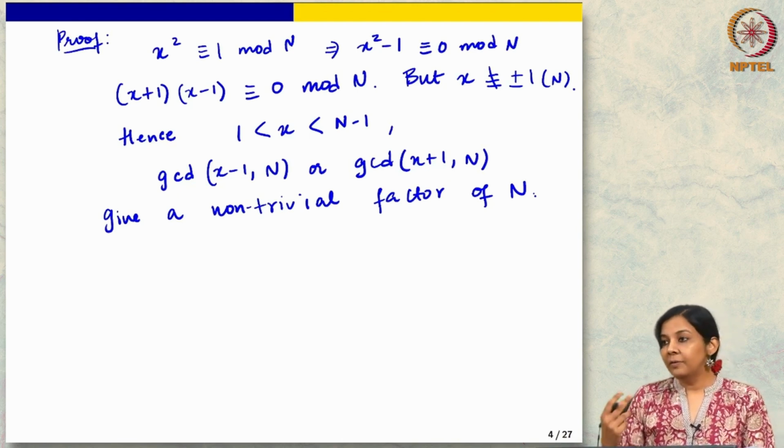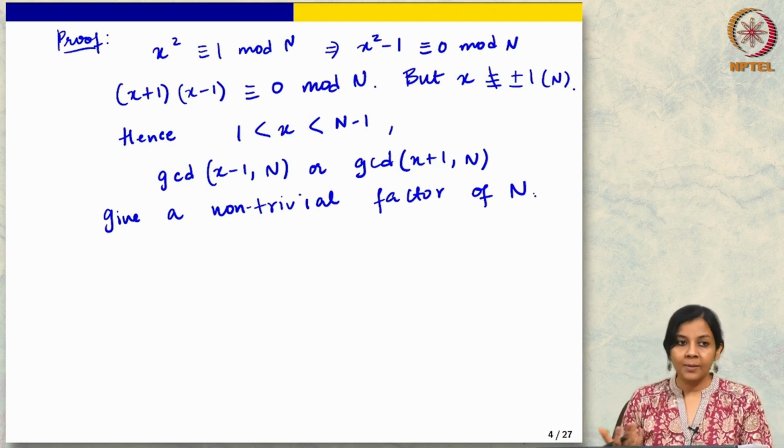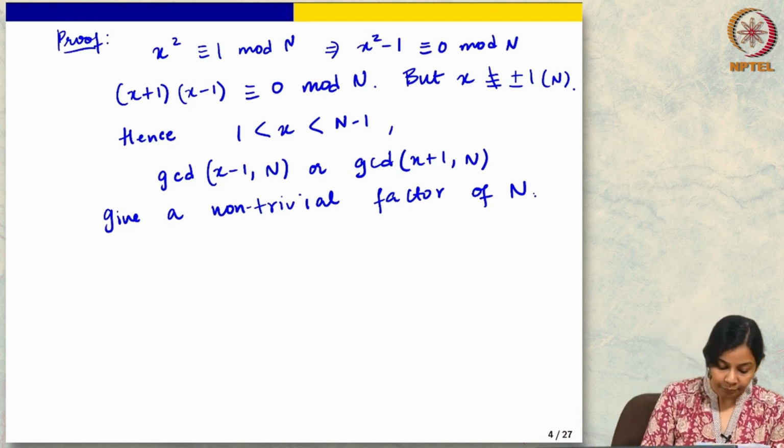And why is this procedure efficient? Because we are just computing GCD and we know how to do that using Euclid's algorithm.